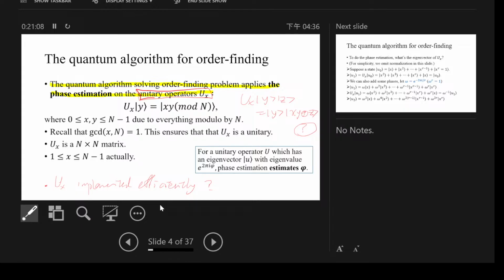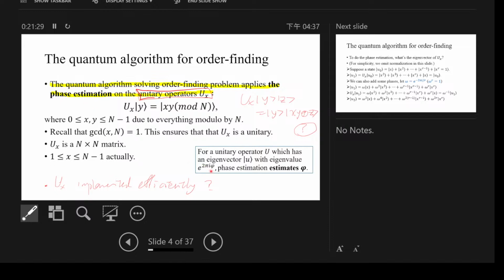Okay, and so back to order finding. Our order finding algorithm is to do phase estimation on U_x. What phase estimation on U_x does is find the eigenvalue of U_x.